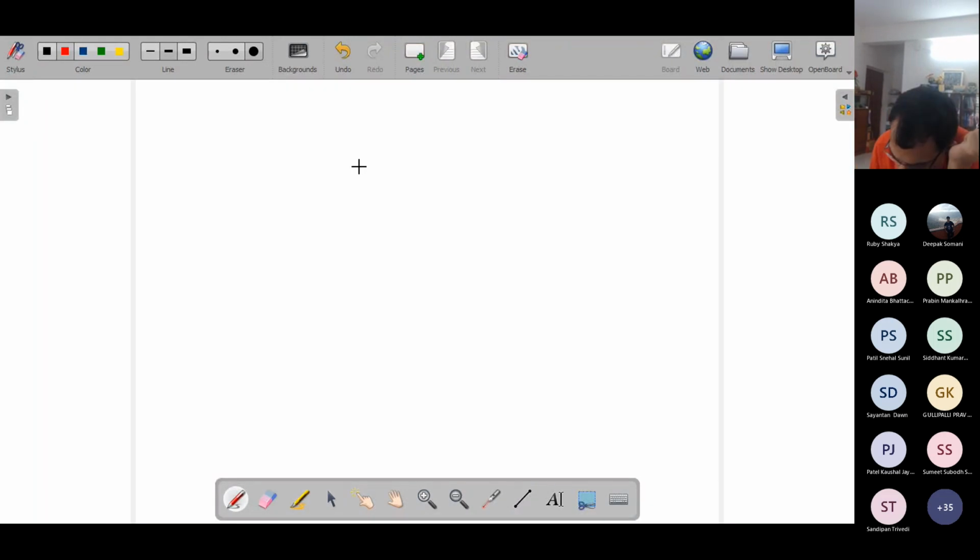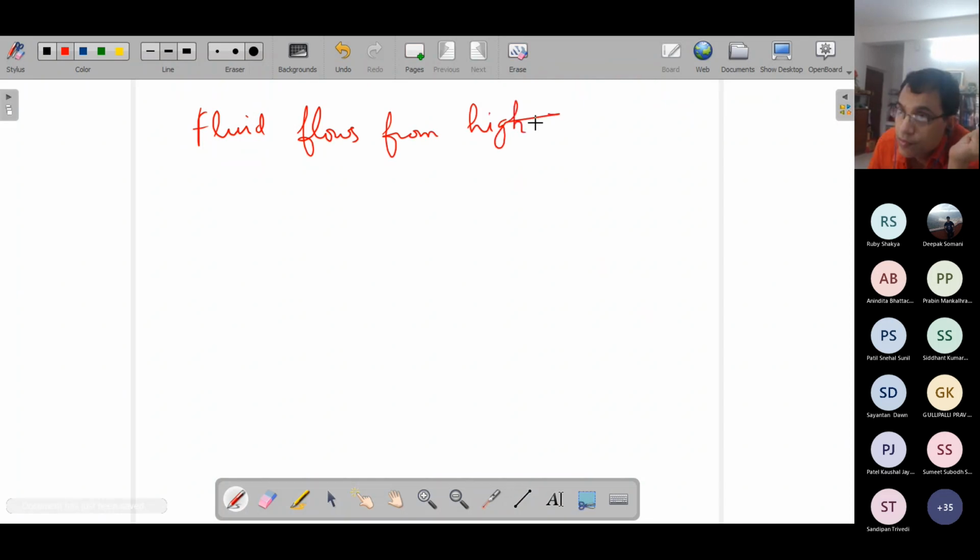For example, invariably we make a comment that fluid flows from high pressure, or say higher pressure, I should not say high, to lower.